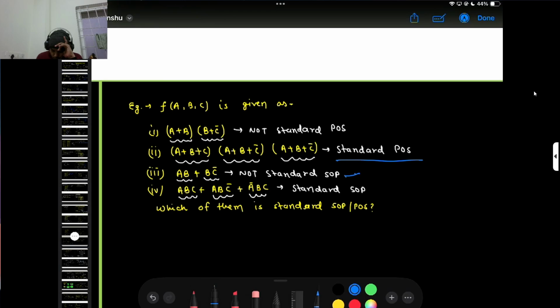So basically, for the standard case with three variables, all three inputs must be present. That's why it's a standard form.